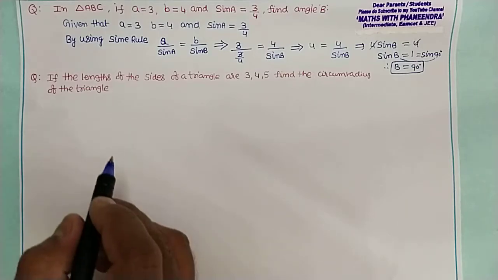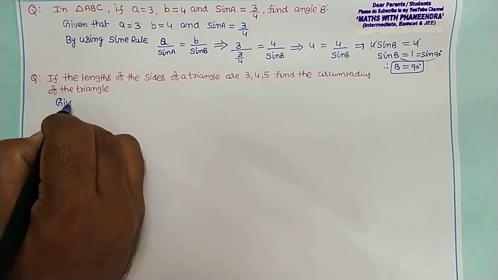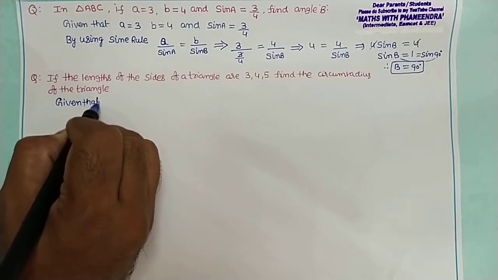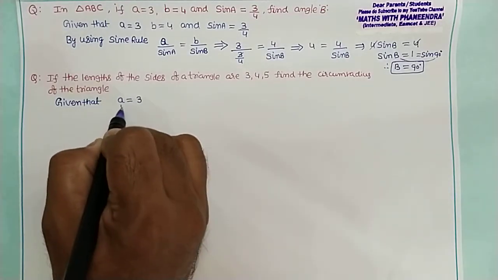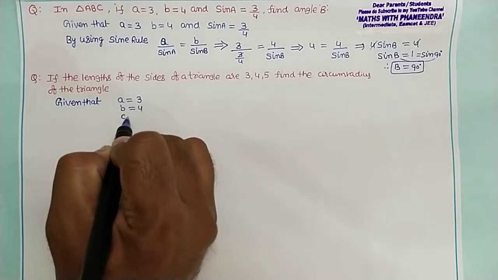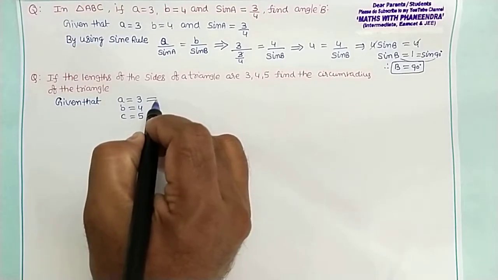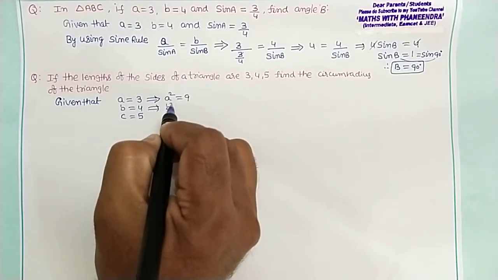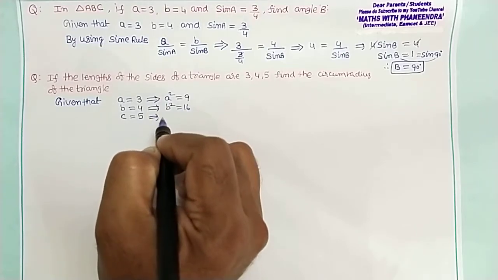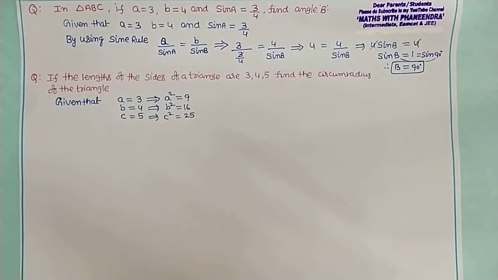See here, given the sides of the triangle, a equal to 3, b equal to 4 and c equal to 5. Squaring on both sides, a square equal to 9, b square equal to 16, and c square equal to 25. By observing this information, 9 plus 16 equal to 25, no?